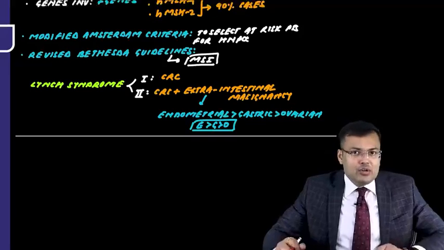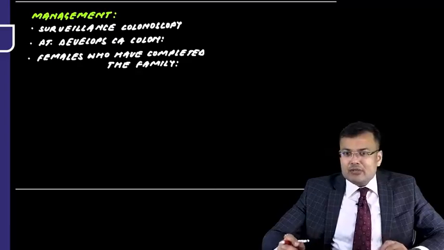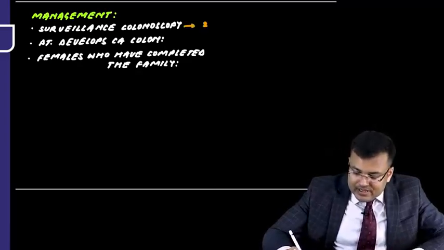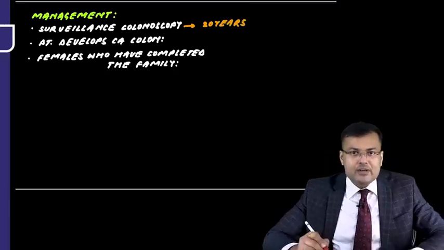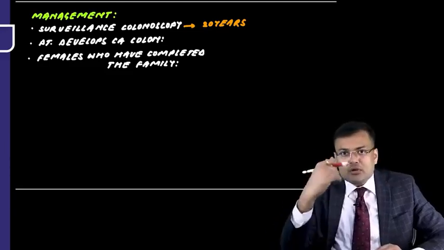So this is EGO. The prophylactic treatment is not done in patients of HNPCC, but we have to start the surveillance colonoscopy, and it should be started at 20 years of age. If patient develops carcinoma colon, what you have to do? You have to perform total colectomy.